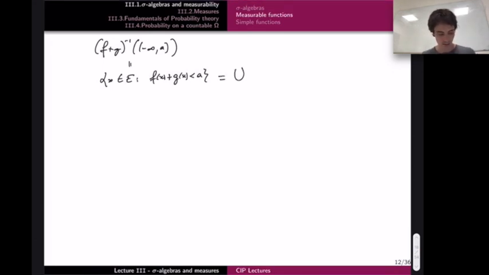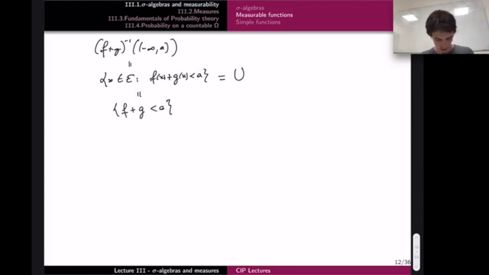Another notation before I go on, which is quite common, is to write it like that: {f+g < a}. It really means the set of all x's such that f(x) + g(x) is smaller than a. This is a very common notation that I will use again now.